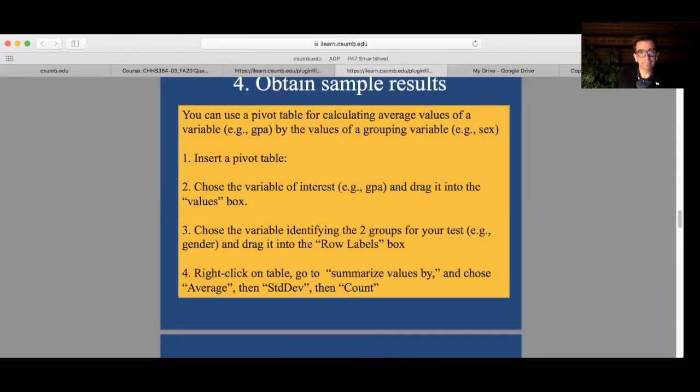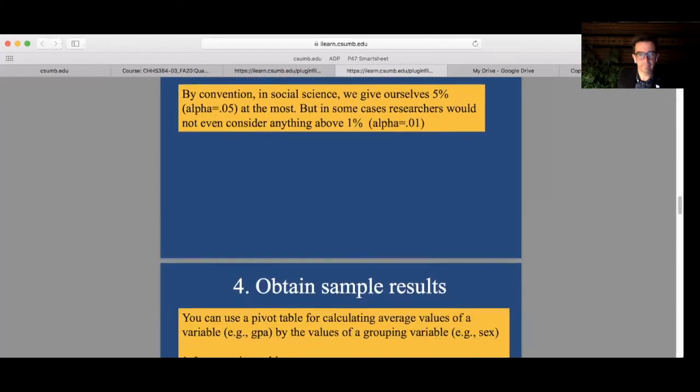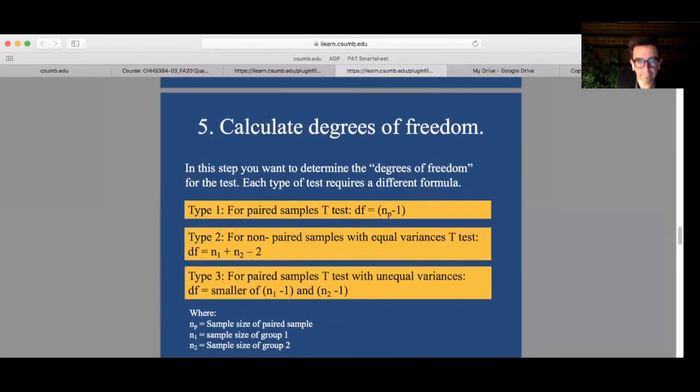The next step is to calculate the degrees of freedom for our test. We're not using a type 1, we're using a type 2 or type 3. So for equal variances, the degrees of freedom is given by N1 plus N2 minus 2.